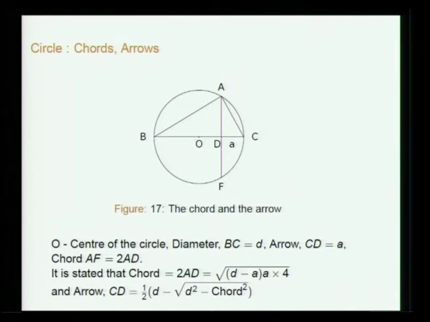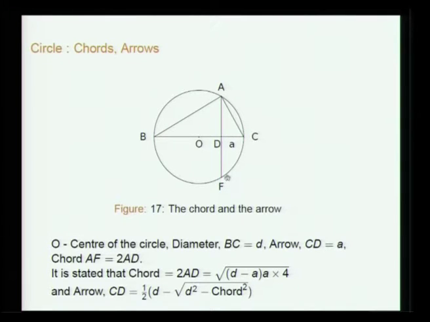So, essentially what he is doing is, this is a circle with center O. You have this triangle ABC, a right angle triangle at A, O is the center of the circle, and the diameter is BC. This is called the arrow, Shara, which Professor Ram Subramanian mentioned; this is the versine, he called it, and it is related to that.